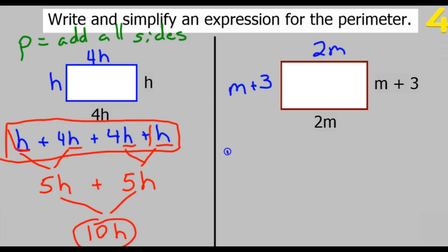So we have m plus 3 plus 2m plus m plus 3 plus 2m. So what I'm looking for now are like terms. So I gotta look for all my m's.